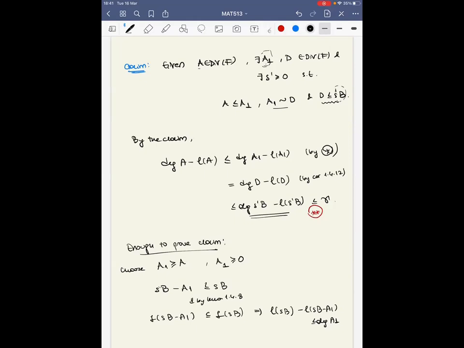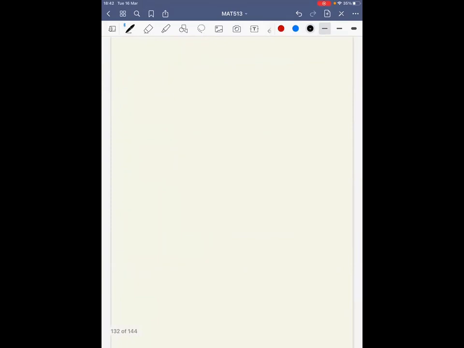And if we move the degree of A1 to the left-hand side and this term to the right-hand side, we see that the dimension of L of SP minus the degree of A1 is less than or equal to the dimension of L of SP minus A1.